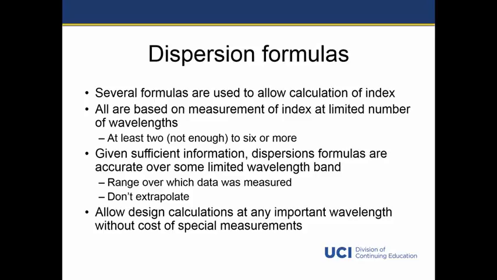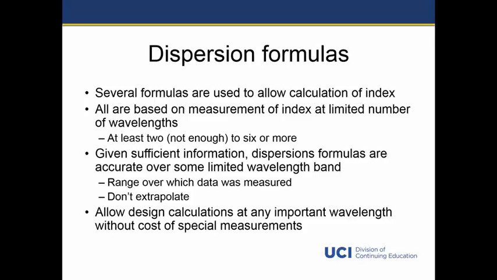For the glass manufacturers, what they will do is measure the index of refraction at several wavelengths, and this is a list of commonly used wavelengths and the element that wavelength is referenced to, and also the spectroscopy designation that's often associated with a particular wavelength.